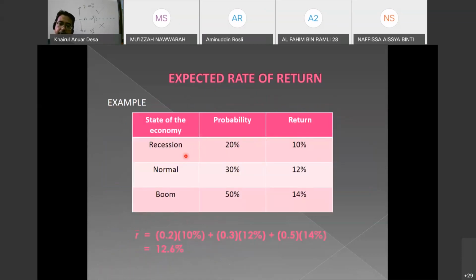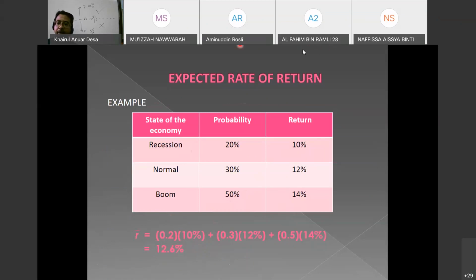Given here is the recession 20%, 10%, 30%, return 12%, boom 50%, and 14%. Right? The expected rate of return here is 12.6%. So any question here?